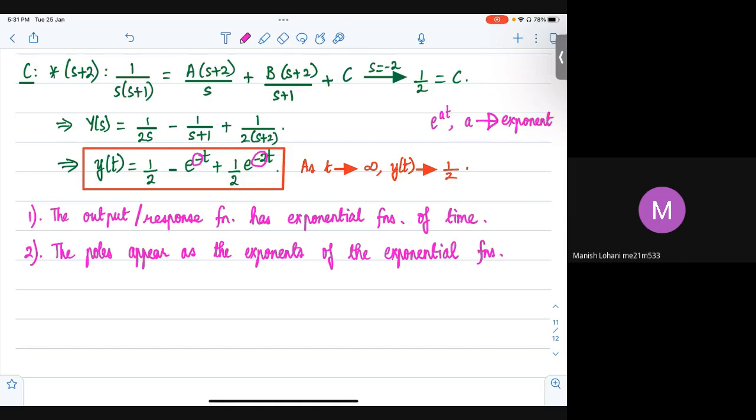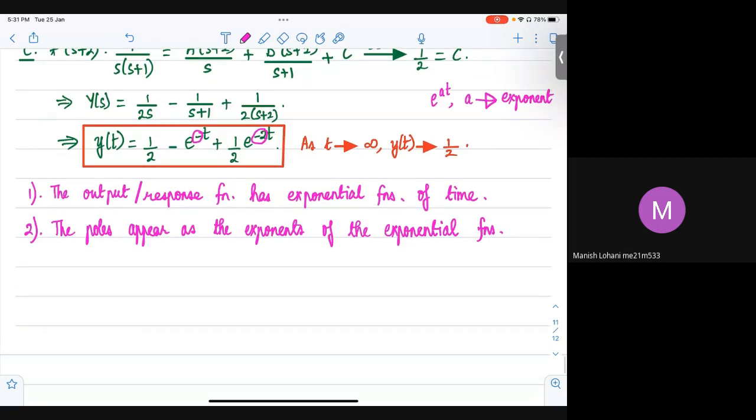I hope that is clear. So when we have in general an exponential term like e power at, the parameter a is the exponent. That's something we should remember, so please keep in mind these observations.